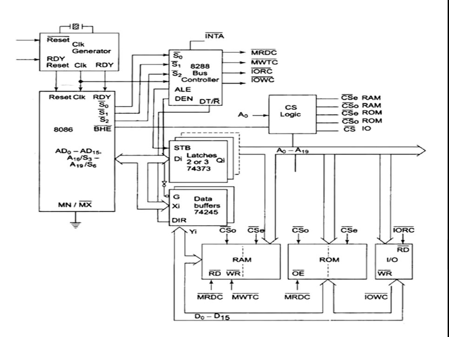Here we can see that the processor generates S2, S1 and S0, which are given to the bus controller.